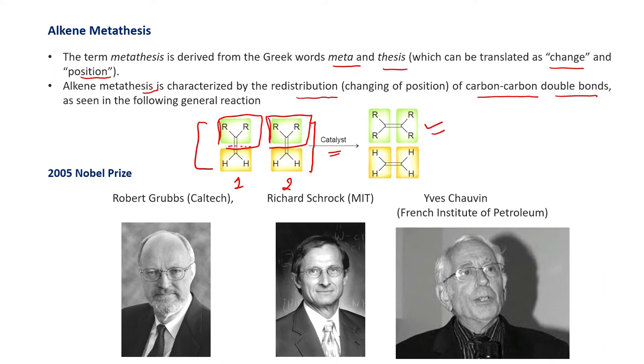So you are getting your metathesis product plus ethene gas. In 2005, Robert Grubbs, Richard Schrock and Yves Chauvin shared the Nobel Prize for this alkene metathesis reaction.